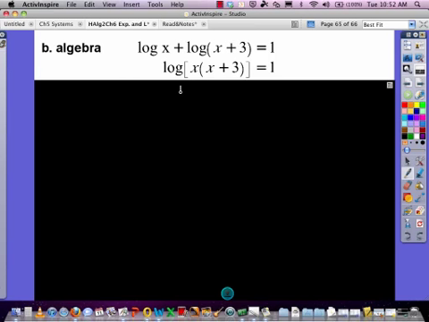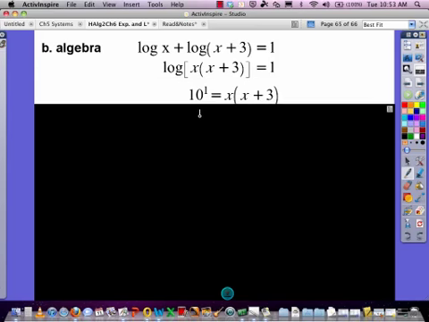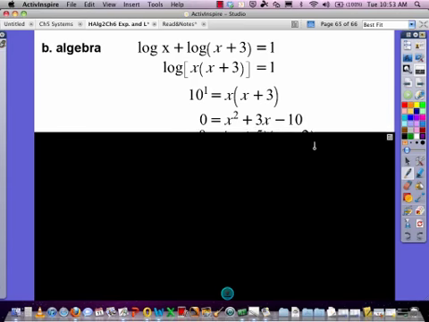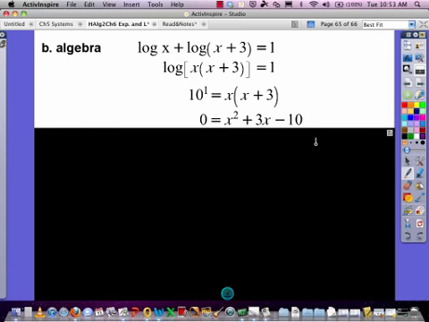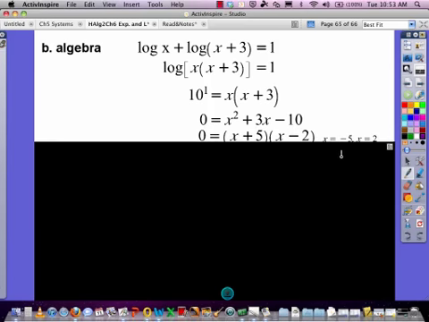Now this is log form. It makes sense to either multiply or write it as a power of 10. So I didn't multiply it out. I said let's write it exponentially. So 10 was our base, to the first power has to equal that number. That number can be multiplied out, and we're looking at a quadratic then. That quadratic can be factored quite simply with the chart method.